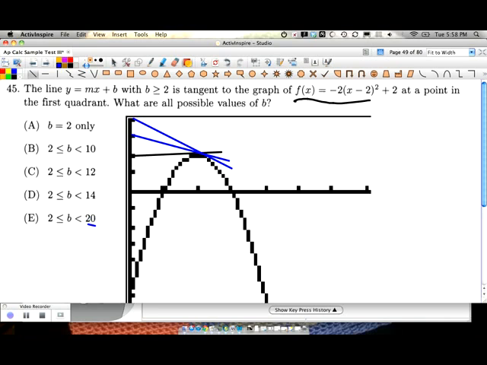I'm sure that I have a slope that could be as much as 20. Because it doesn't really matter what the slope is going to be. It matters that b could be all the way up to 20. What are the possible values of b? I'm going to say for sure it's E.